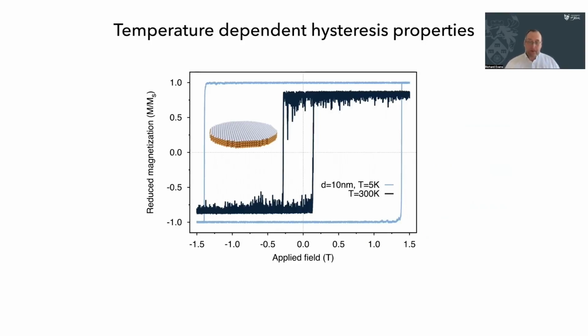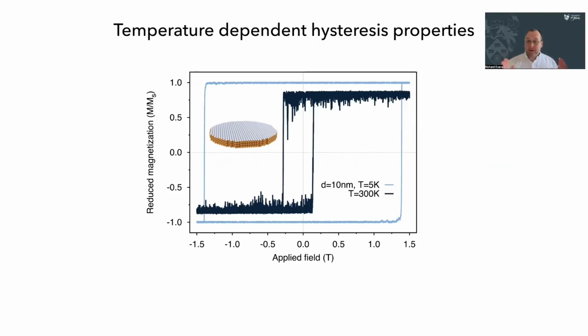So here what we did was we looked at a relatively small device, I think around 10 or 15 nanometers in diameter, and then looked at the temperature dependence of the hysteresis properties, showing how the coercivity decreases with temperature. So you can see that for a 10 nanometer device at 5 Kelvin, you have a very large coercivity, around about 1.4 Tesla, so it's much larger than actually you see in experiment, interestingly. I'll come back to that a bit later.